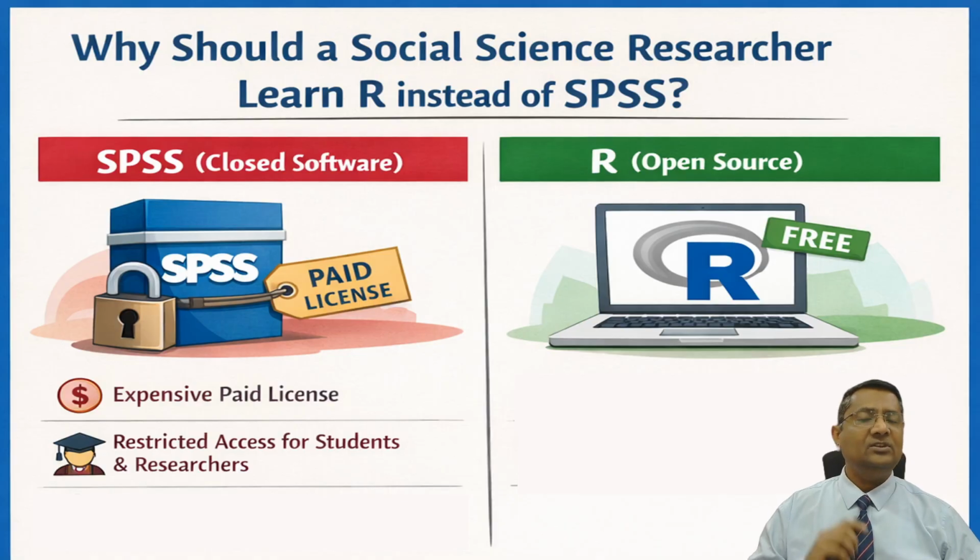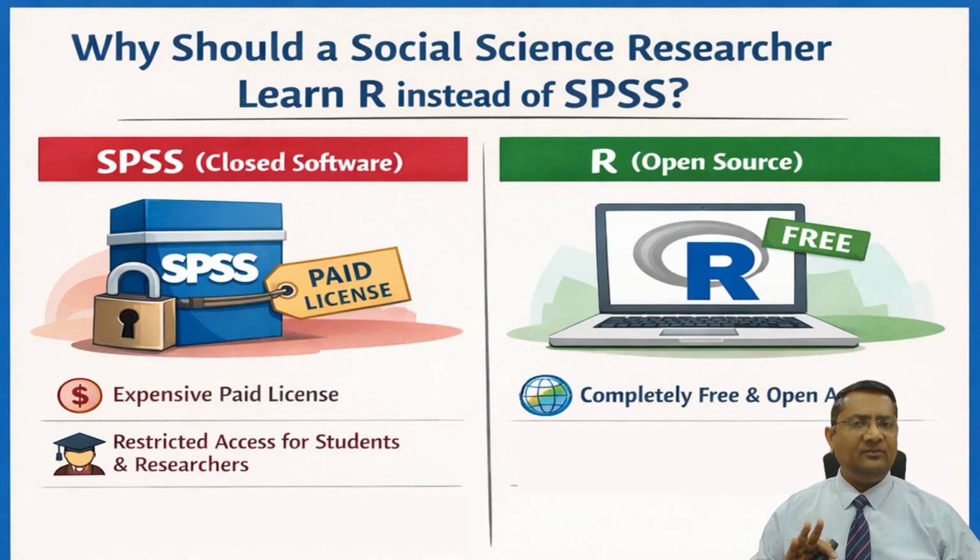Even for universities having a limited budget, it is difficult to have a full-fledged institutional license of SPSS. Whereas R is completely free and accessible to anyone, anywhere. It is an open access programming language, so anyone can access it. That is the biggest advantage of R programming, or R Studio we can say.